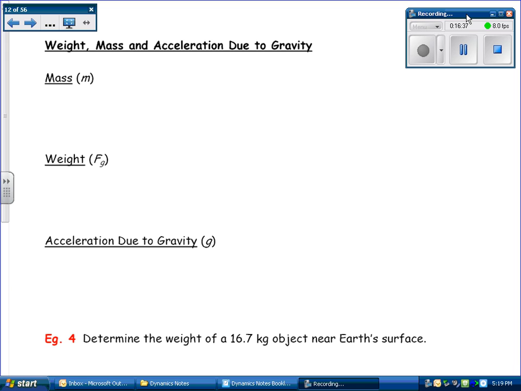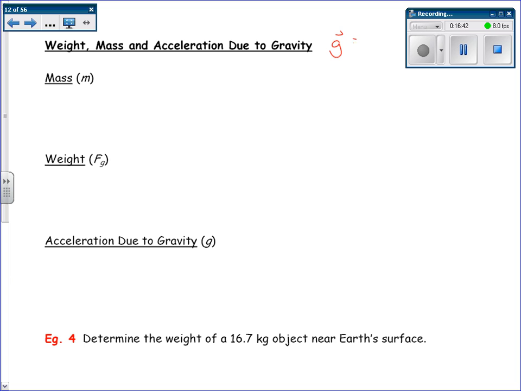So the formula that relates these is acceleration due to gravity is equal to the force of gravity divided by mass, where g is acceleration due to gravity, which we've already seen in the first unit. Okay, and so that's 9.81 meters per second squared.